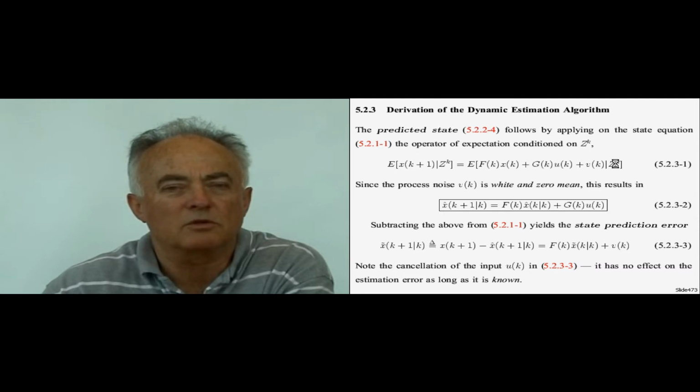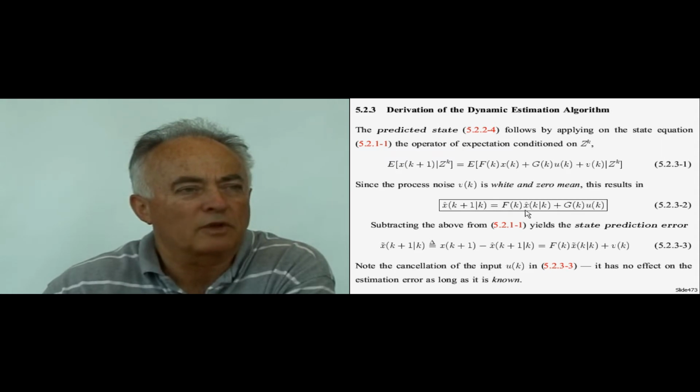So you can see how the zero mean and independence of the two sequences, process and measurement noises, comes into the picture. So x hat k plus 1 given k is fk x hat kk plus gk uk.